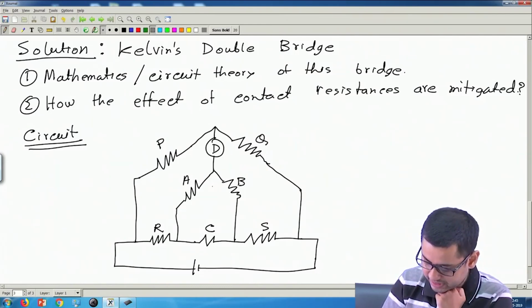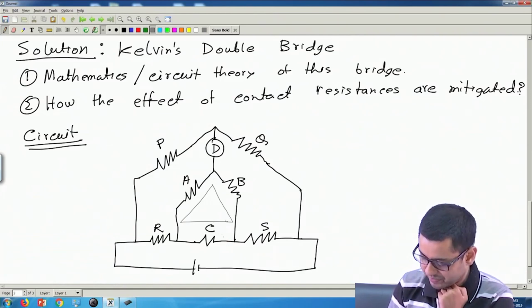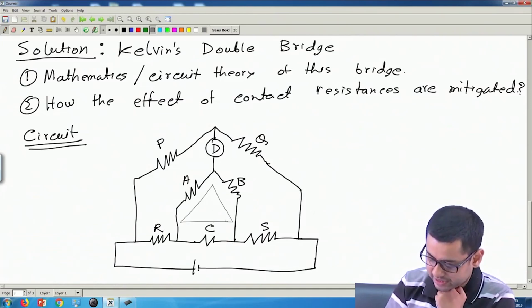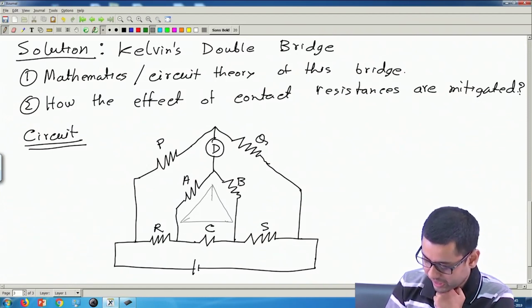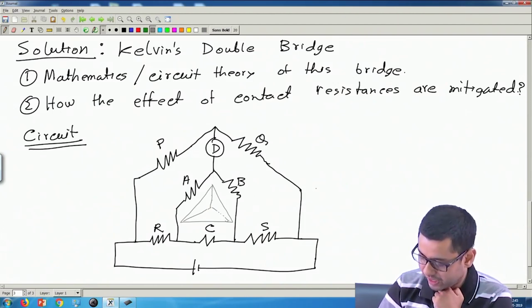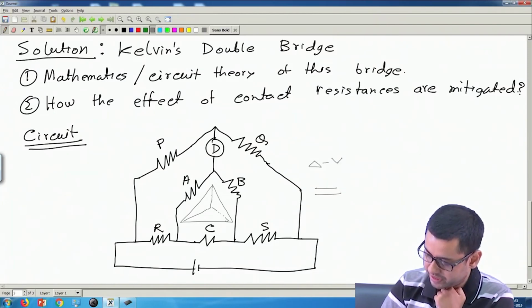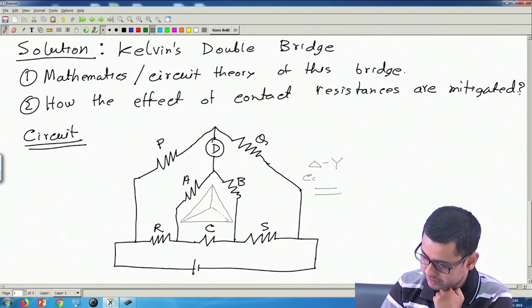So, consider this delta A, B, C. Consider this delta and we will apply a star delta conversion. So, we will make an equivalent star circuit for this. So, let us apply star delta conversion, or delta to star in this case, delta to star conversion.